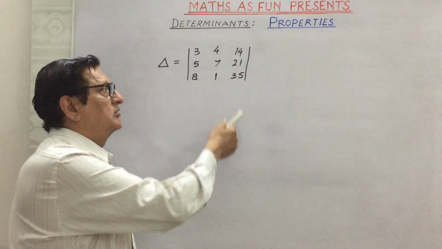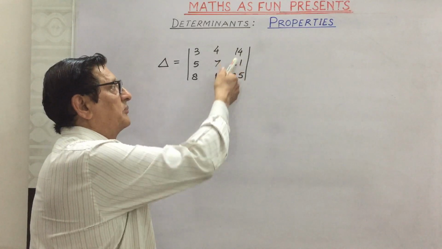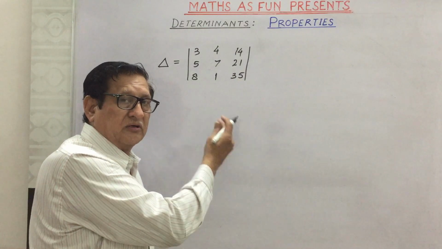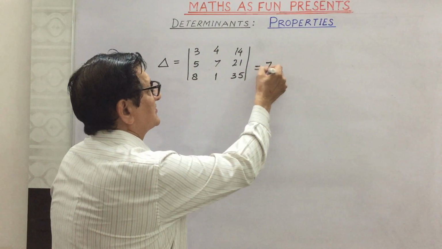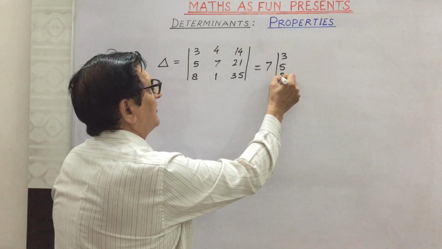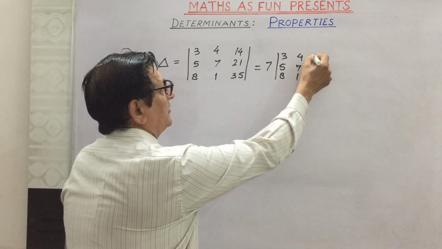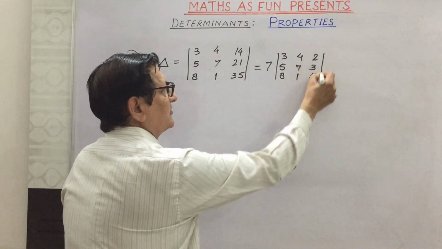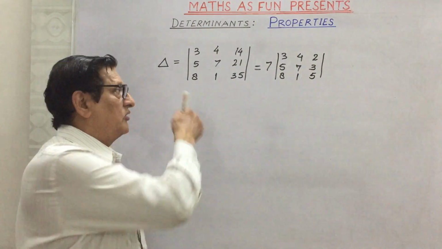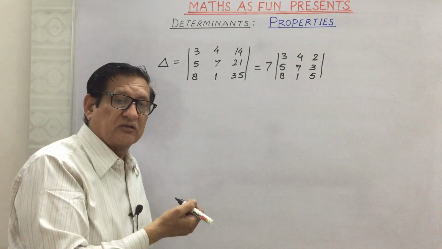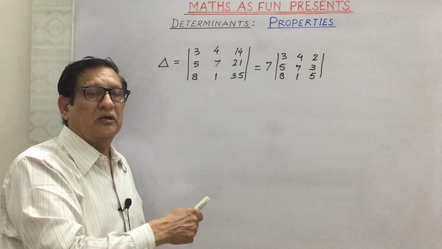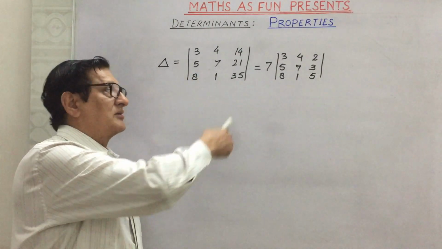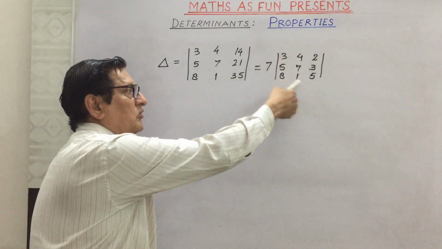We find that in the third column every number is a multiple of 7. So we can take 7 common from C3 and write this as 7 into 3, 5, 8, 4, 7, 1, and 2, 3, 5. The value of both will be the same. It means if we find any number common in any row or any column, that can be taken out as a multiple of the value of the determinant.